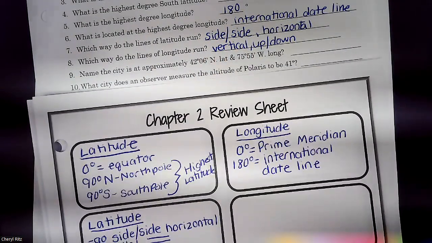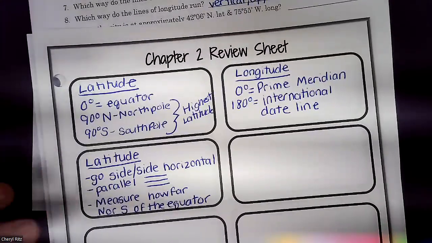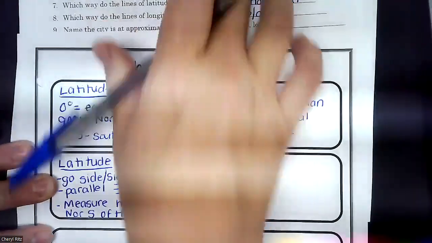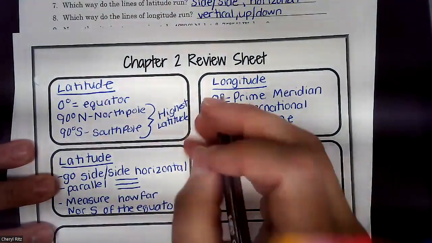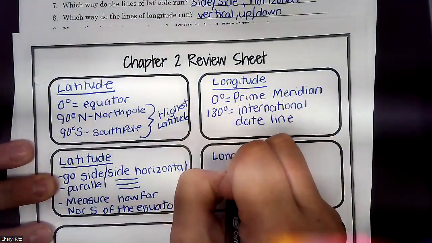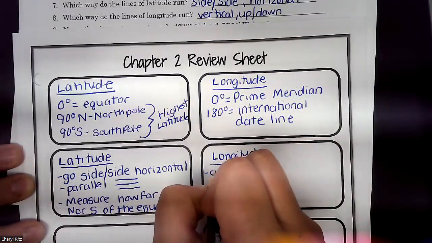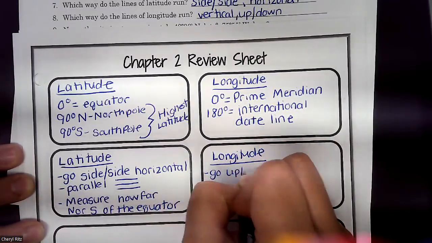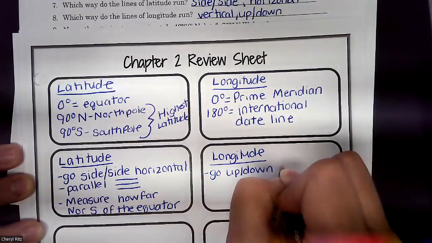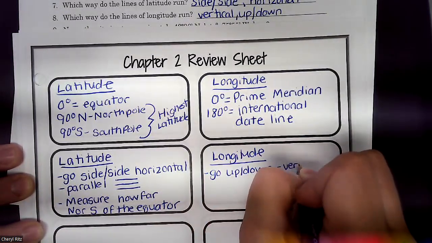That's the next thing I'm going to add to the review sheet. So another box for longitude. They go up and down, which also means vertical.